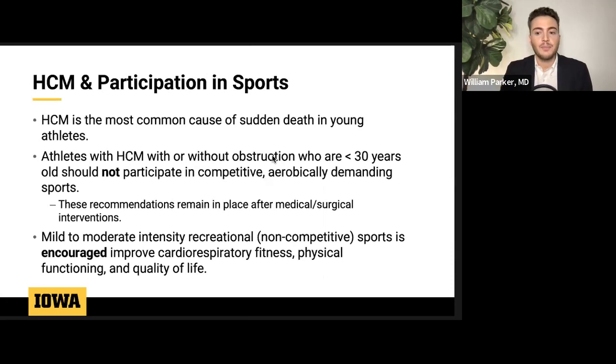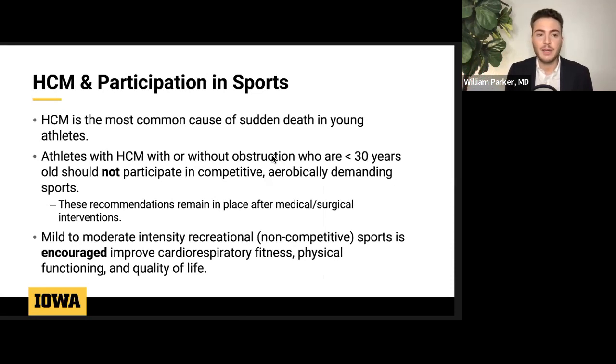So for participation in sports, what if you have a hypertrophic cardiomyopathy patient and they want to go back to competing? You can't force them not to, right? It's the most common cause of sudden death in young athletes.